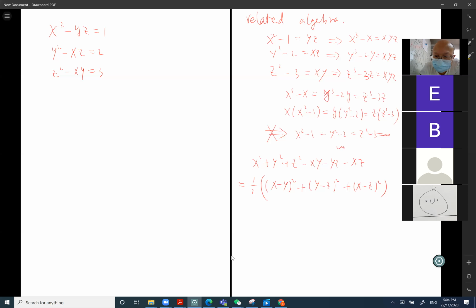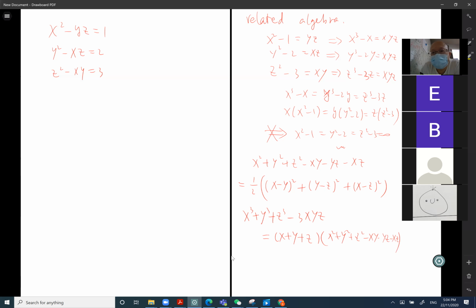The other one we have, someone probably knows this: x cubed plus y cubed plus z cubed minus 3xyz. This is a formula, x plus y plus z times (x squared plus y squared plus z squared minus xy minus yz minus xz).